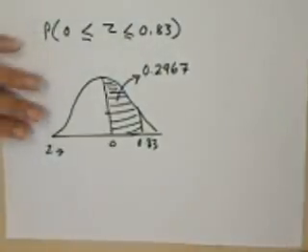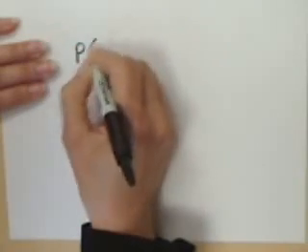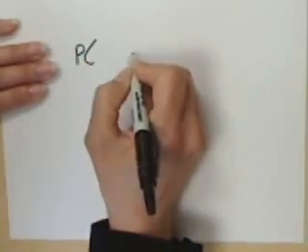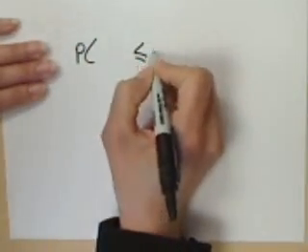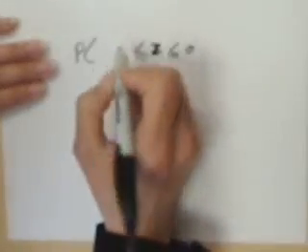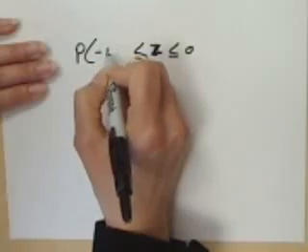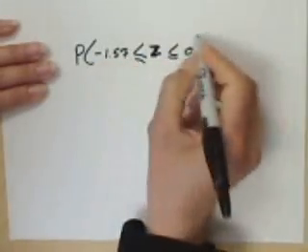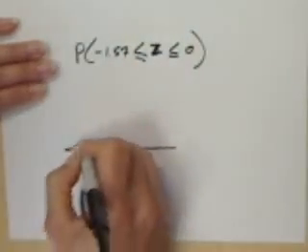The next problem is probability that z will be less than or equal to 0 and greater than or equal to negative 1.57. For this, again, draw a curve really quick.